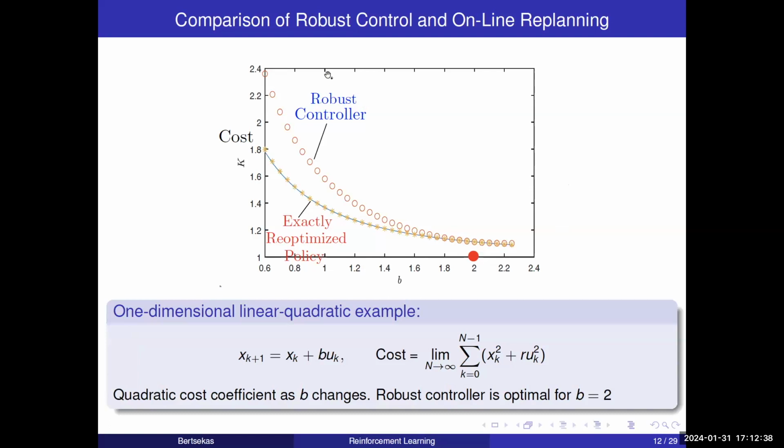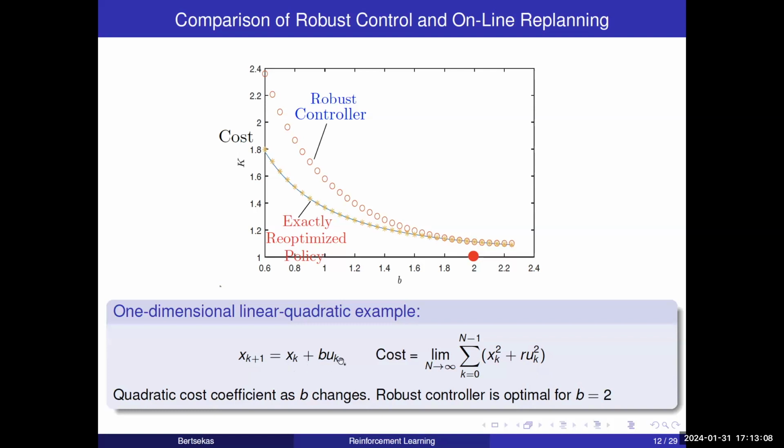Okay, I'm going to compare robust control and online replanning using re-optimization. Remember, our robust controller is kind of naive, doesn't care about estimating parameters and all that. And the previous slide uses a re-optimized policy after you estimate the parameters. And this example is linear quadratic.